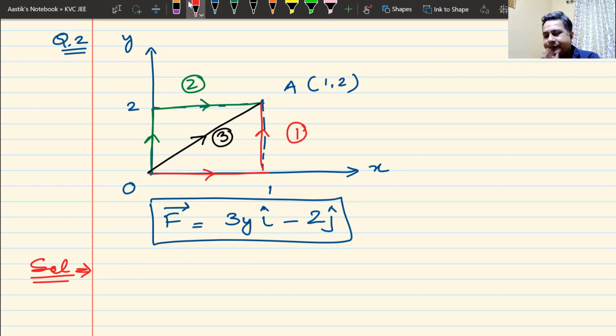What is the first step of solving this question? Can anyone tell me the answer? No one knows what is the first step of solving this question?